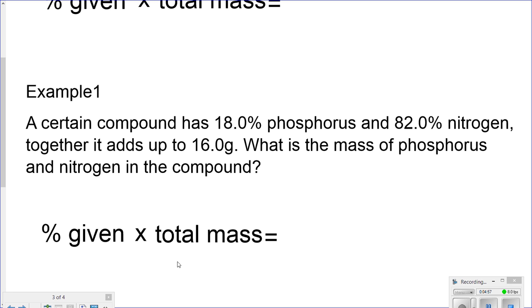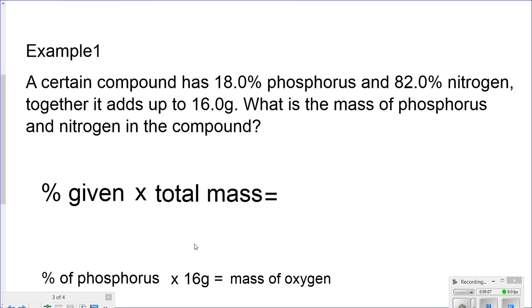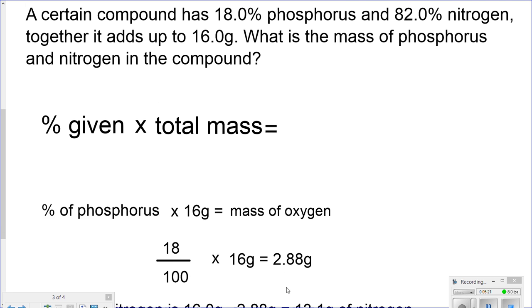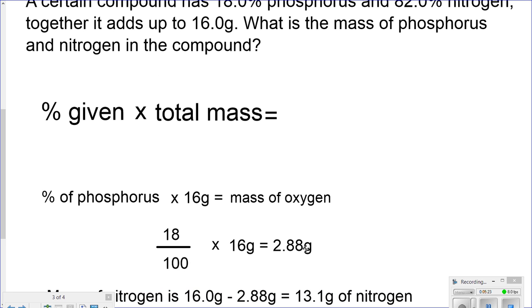By rearranging the equation, I have percent given, either of phosphorus or nitrogen, times total mass. In this case, it is 16. Let's work with phosphorus. Percent of phosphorus is 18%, which is the same thing as 18 over 100, times 16 in this case, which is the total mass, gives me 2.88 grams.